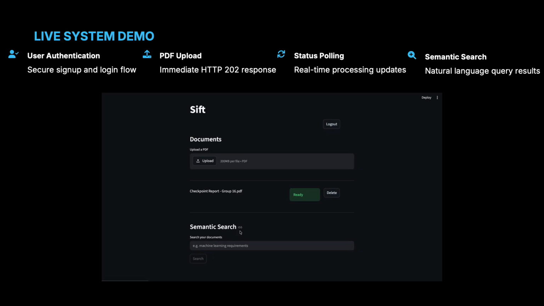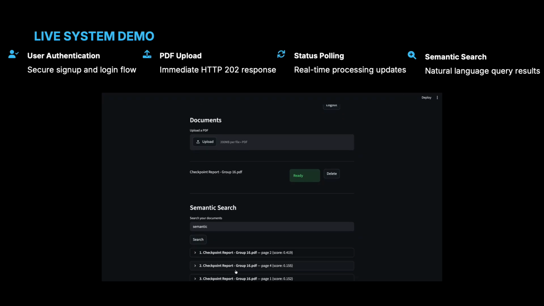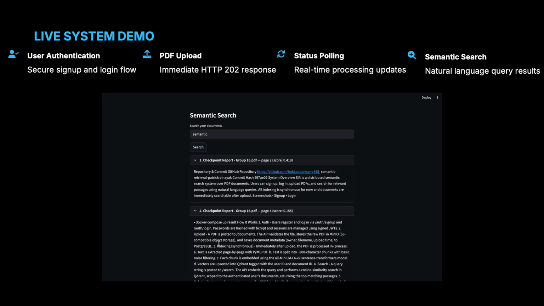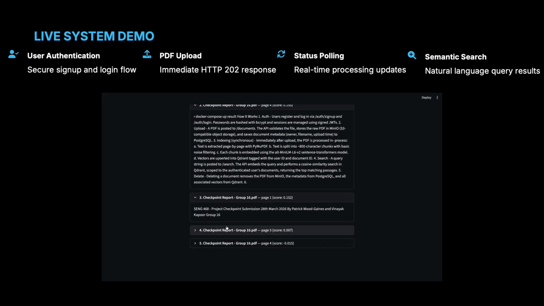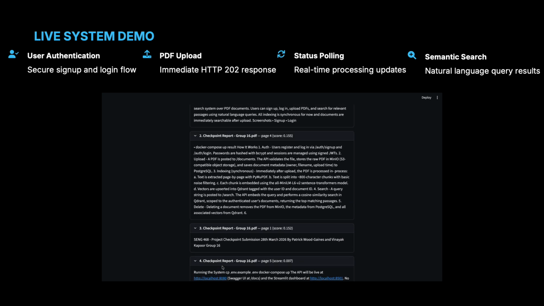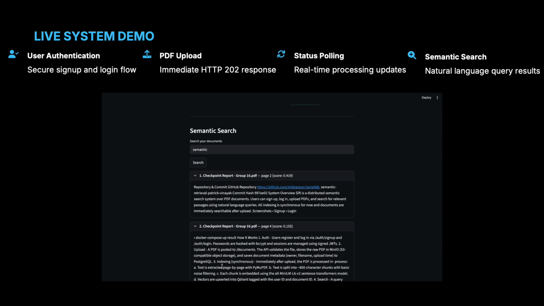Once indexed, we can perform natural language queries and see the system return the most semantically relevant sections of the uploaded documents. I'll now hand it over to Patrick, who will walk you through the performance testing and how the system behaves on the UVic virtual machine.